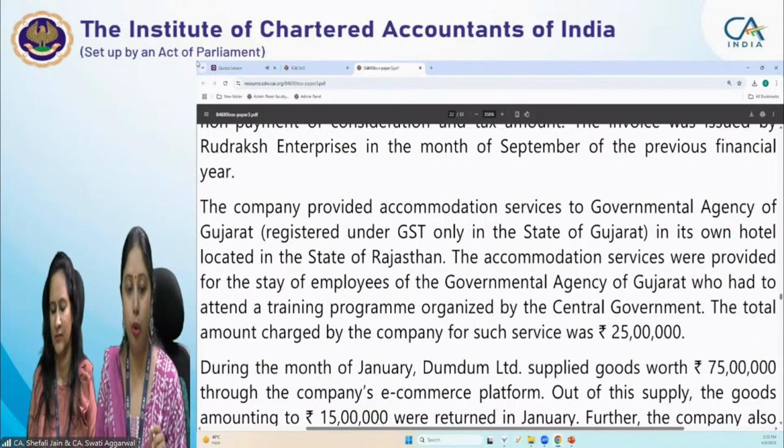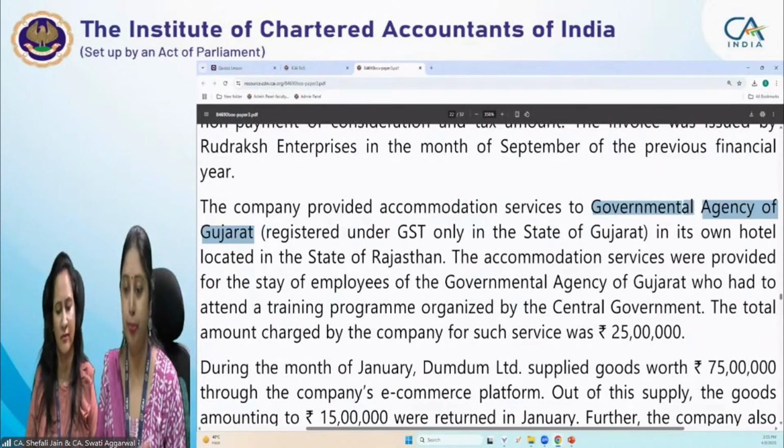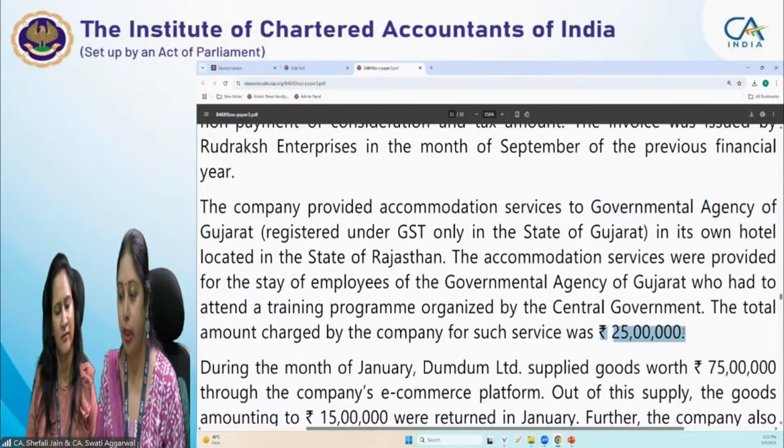In its own hotel located in state of Rajasthan. So company's hotel is located in Rajasthan. It has provided accommodation services to Governmental Agency of Gujarat. Now this is an important information. The accommodation services were provided for stay of employees of the governmental agency who had to attend a training program organized by central government. Now, amount charged by the company for this service was 25 lakh.